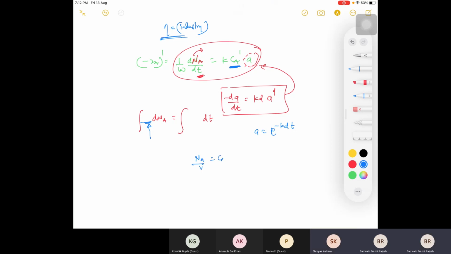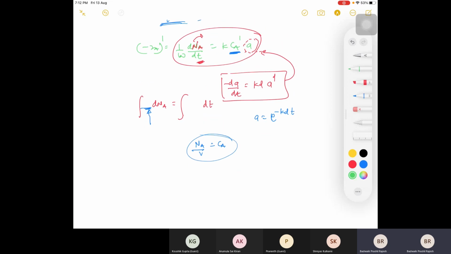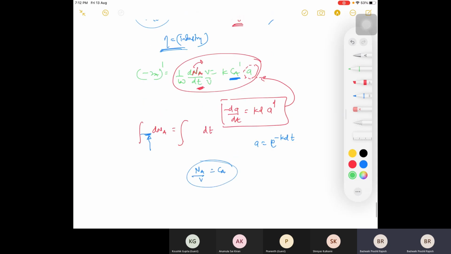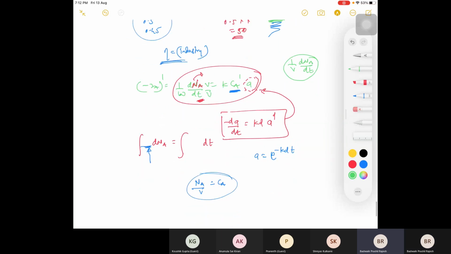CA is equal to NA by V, right? That's the point here. So I'll multiply by V and divide by V. Now you substitute this value: 1 by V dNA by dt is equal to minus dCA by dt.